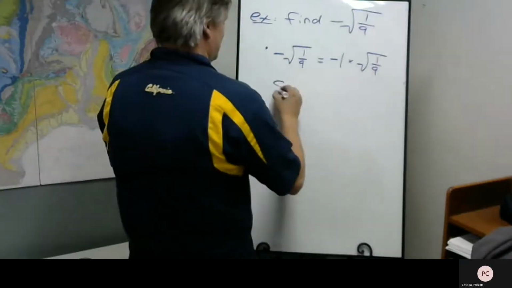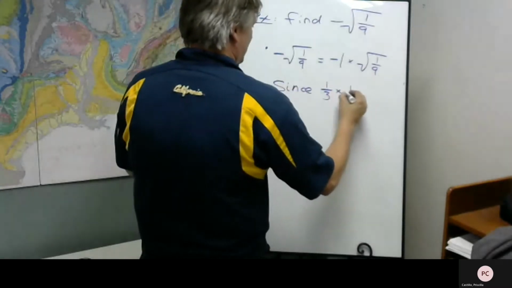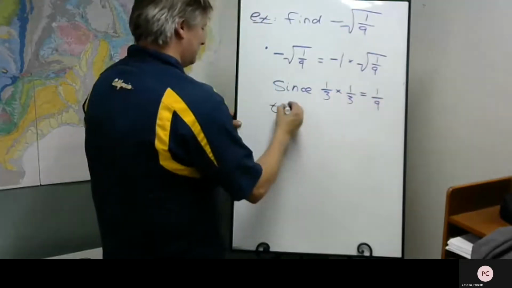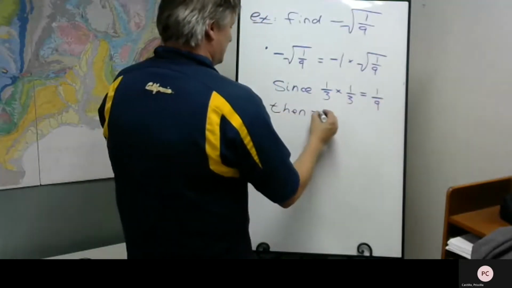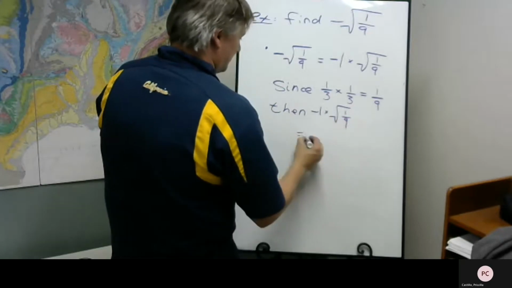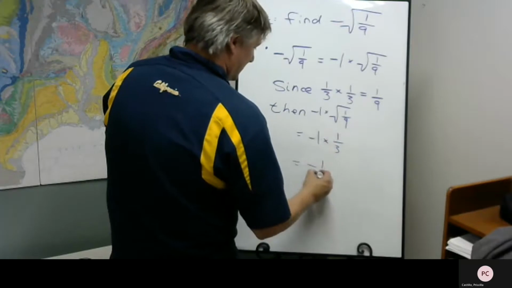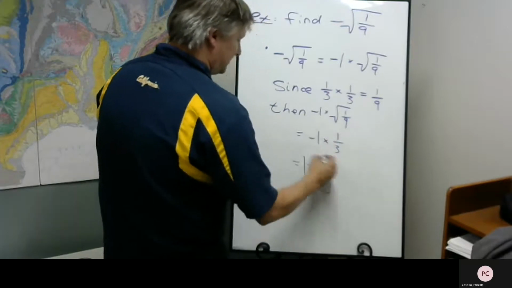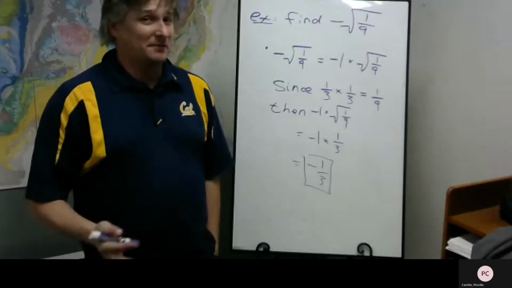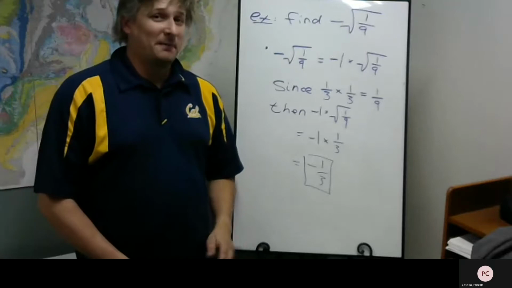So since 1/3 times 1/3 is 1/9, then negative 1 times the square root of 1/9 is negative 1 times 1/3, or negative 1/3. You're going to get the same answer. So any questions about that?